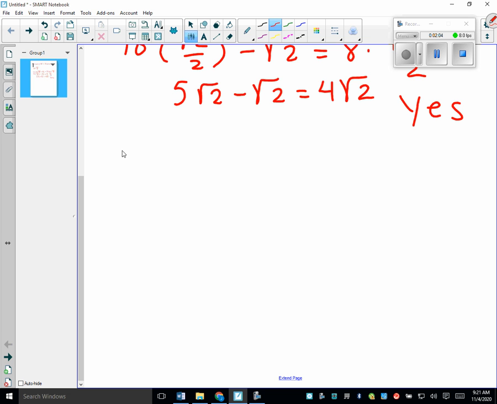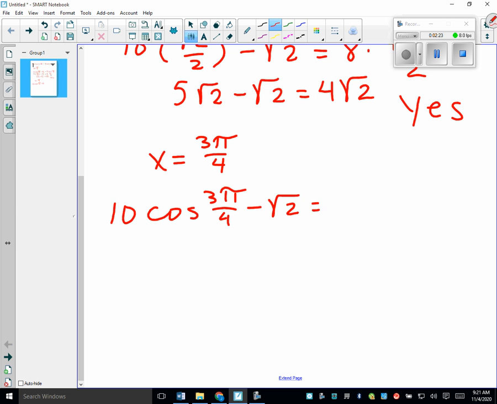Okay, we're going with the same equation, but this time x is 3 pi over 4, which gives me 10 cosine 3 pi over 4 minus radical 2 equals 8 cosine 3 pi over 4. What is the cosine of 3 pi over 4? Negative radical 2 over 2.